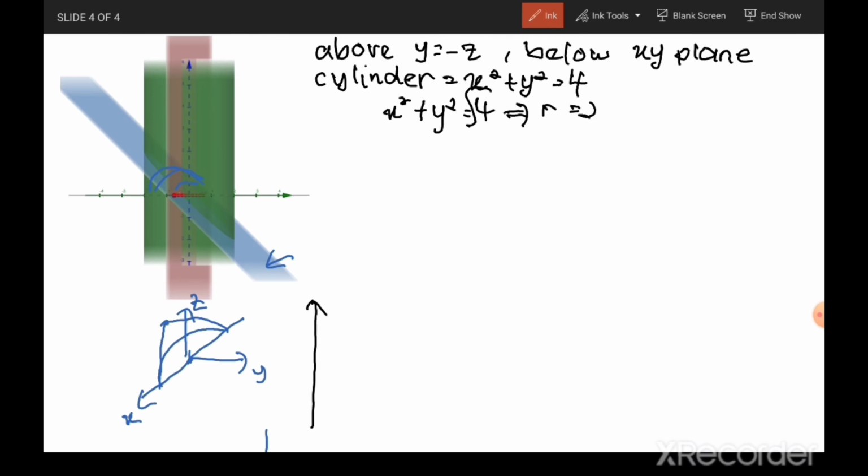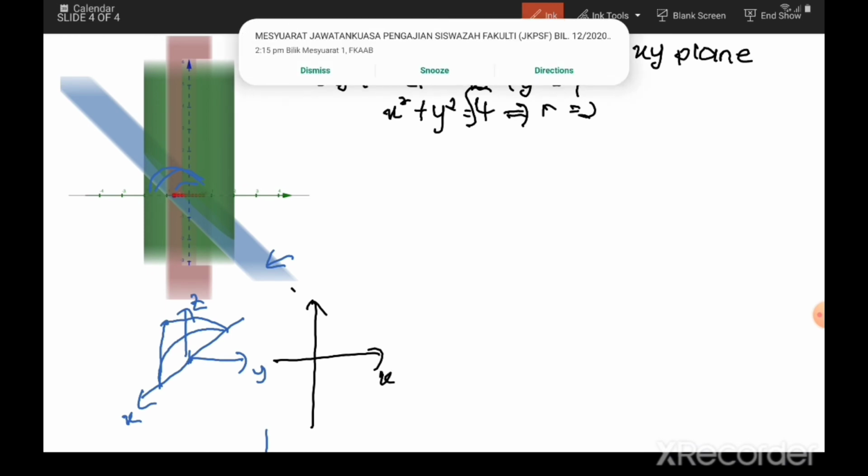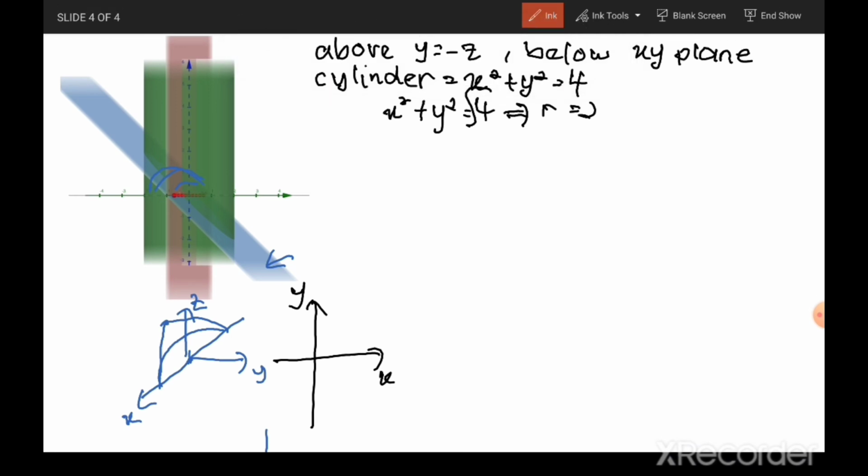So the interval for r is between 0 until 2. The cylinder is below the xy plane, so for x it is between negative 2 until 2. For this example, I use the Cartesian coordinates.